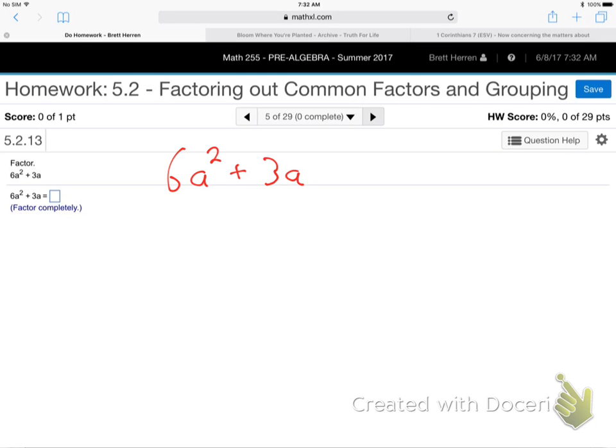So what do they have in common? First off, there's the number thing, and then there's the letter thing.